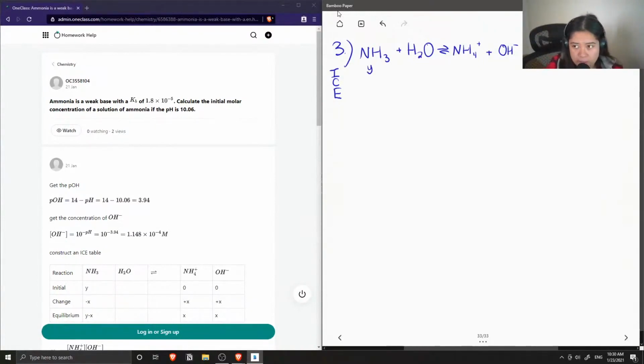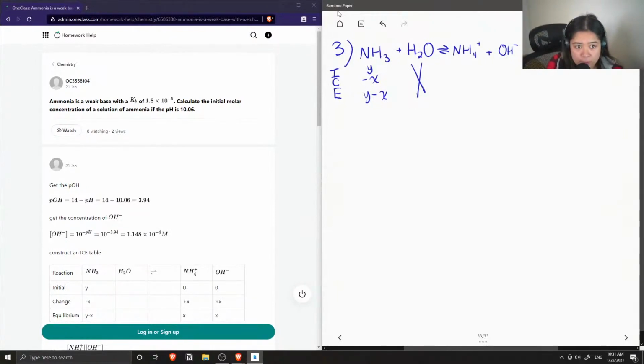So I'm just going to denote this as Y, because for the change, I will denote this as X. So at equilibrium, the concentration of ammonia is Y minus X. We don't need to focus on water since it isn't really part of the reaction here.